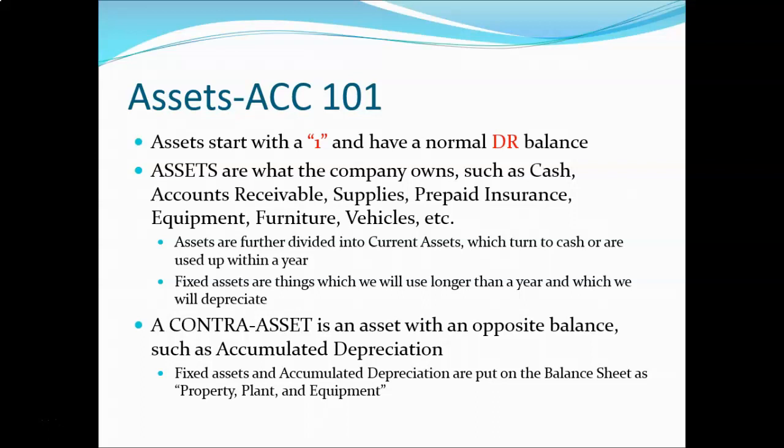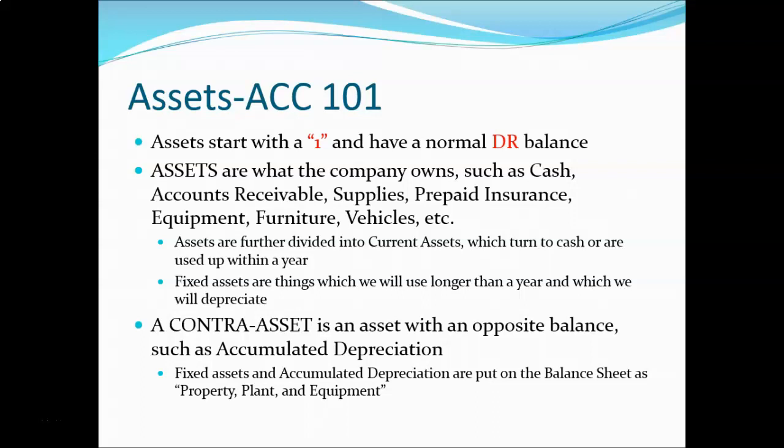Supplies, we don't sell the supplies, but we use them usually within a year. Prepaid insurance, we're going to use those insurance policies up within a year usually. And inventory normally gets sold within a year. So those are all ones that would be current assets.